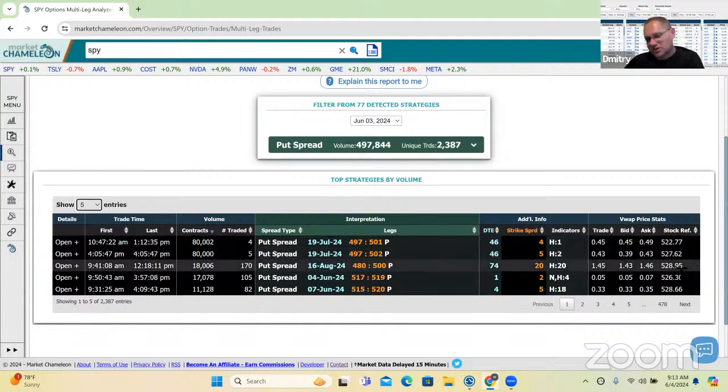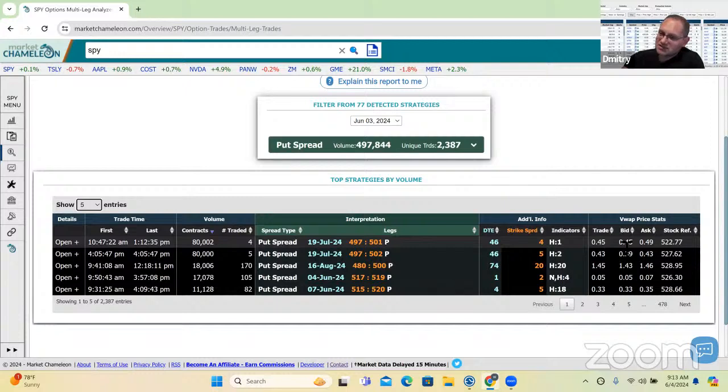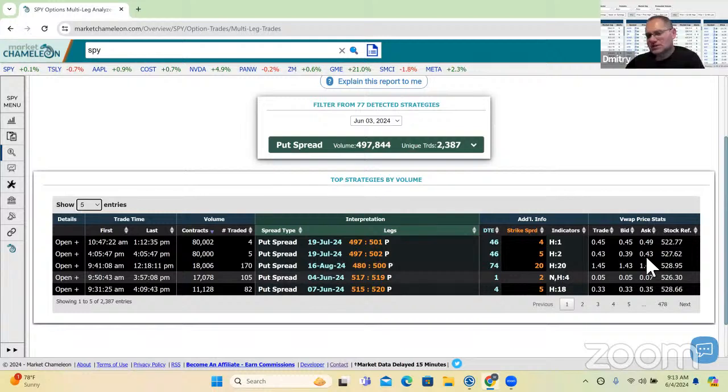If we did the same thing to the bid and the ask, so if we looked at the MBBO bid and then the MBBO ask, and weighted it by the same volume weighted schema as the trade, we could see that the bid was 45 cents and the ask was 49 cents, indicating that this put spread was trading on the bid side.